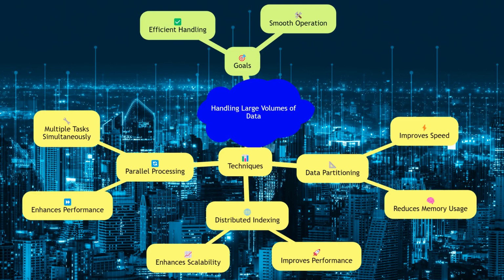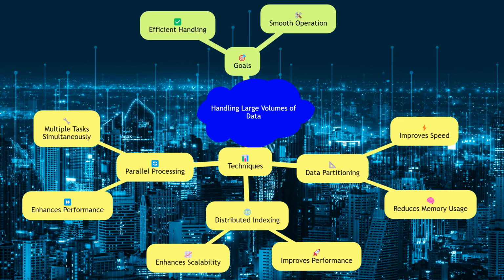Handling large volumes of data is a common challenge when creating and running an indexer. To address this challenge, you can implement techniques like data partitioning, distributed indexing, and parallel processing. Data partitioning involves dividing the data into smaller chunks and indexing them separately, which can improve indexing speed and reduce memory usage.